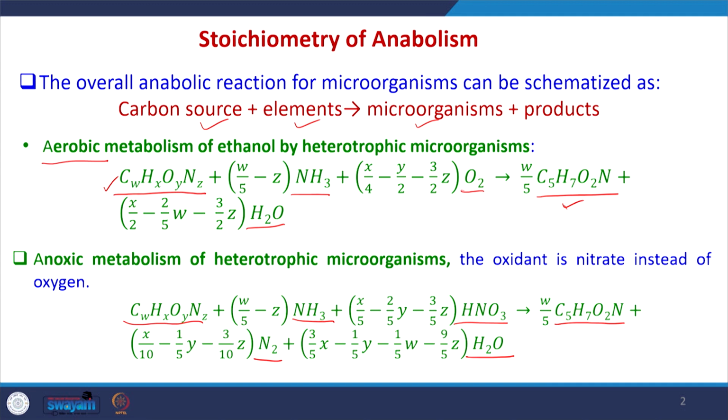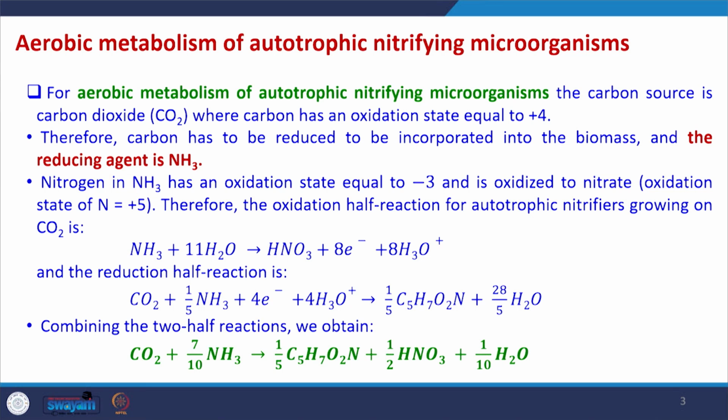Now, we will further study other types of metabolic reactions under the anabolism category, and later in today's lecture we will study the same thing under catabolism. So, we will study the difference. Now, for aerobic metabolism of autotrophic nitrifying microorganisms, we are going to nitrification.